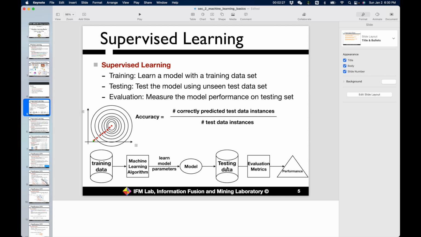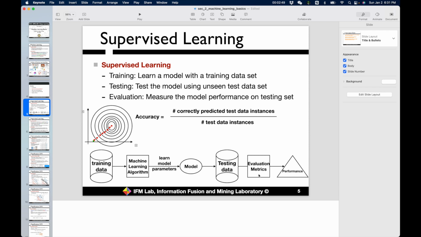We can compare the prediction results by the model on the testing set with the ground truth. Ground truth means the true labels of these data instances. We compare them with the ground truth to do the evaluation. Based on some evaluation metrics, we can get the performance of the model on the testing set.